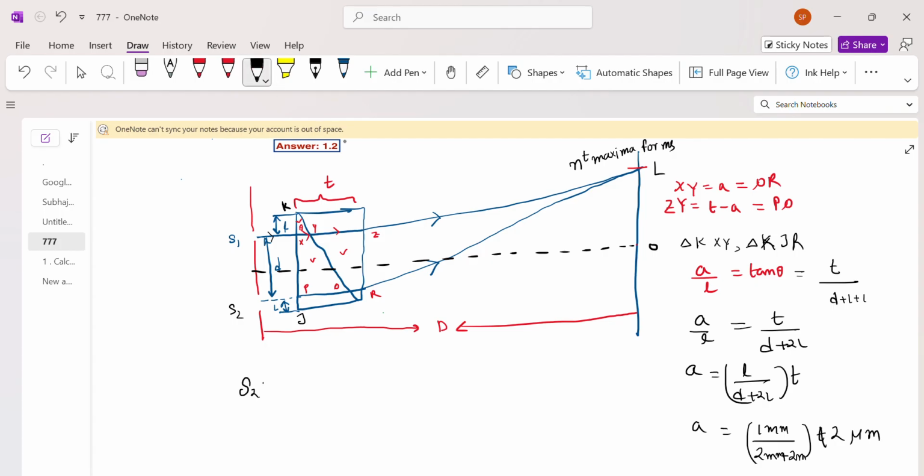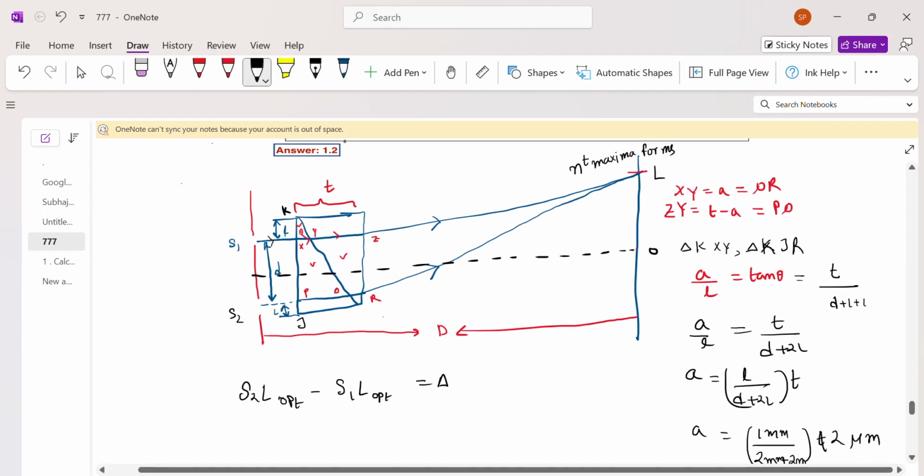S2L optical minus S1L optical is the path difference at any generic point L where the maxima or minima forms. So I want to find out the path difference at any point on the screen.